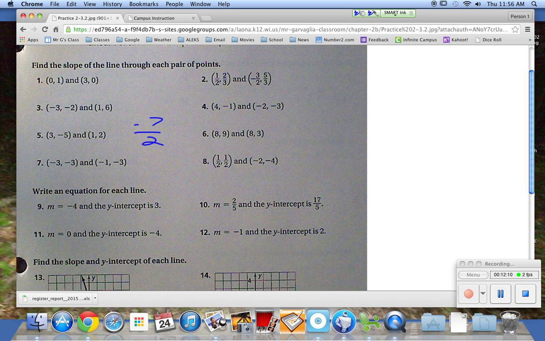All right. Let's do number 7. What's the slope for number 7? What's the top one? We're going 3 minus 3, so 0 over. It's subtracting: it's minus 3 minus a minus 3, which would equal 0. It'd be like minus 3 plus 3.